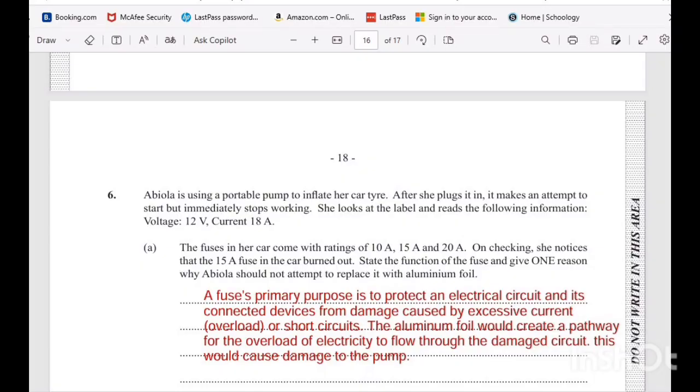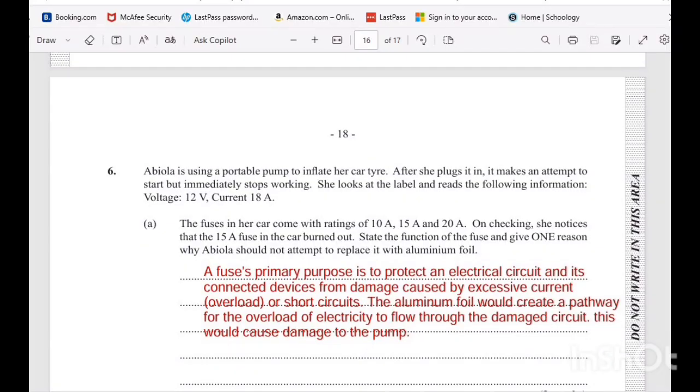The aluminum foil will create a pathway, if she uses it, to allow the overload of electricity to continue flowing. And then this can cause damage to the circuit, to the pump and to the car. So when we look at a fuse, its main job is to protect our appliances from being destroyed from an overload of electricity.